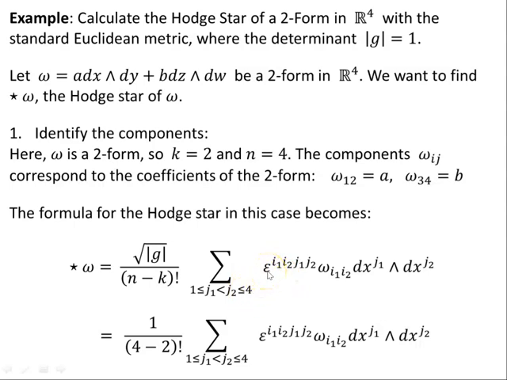We have the Levi-Civita symbol with four indices, because there are four coordinates and permutations of those coordinates. Then omega I1, I2, which we'll deal with on the next slide, dx j1 wedge dx j2. We can put in 4 and 2 for n and k.